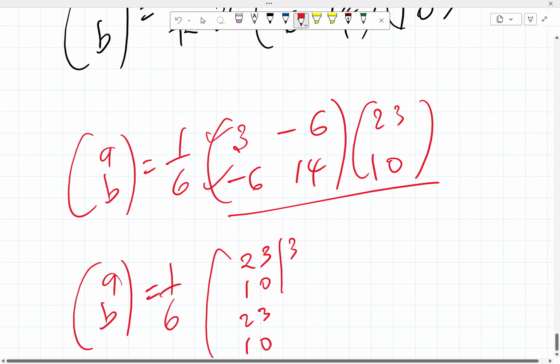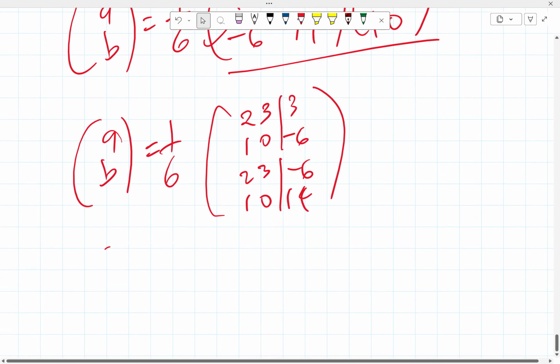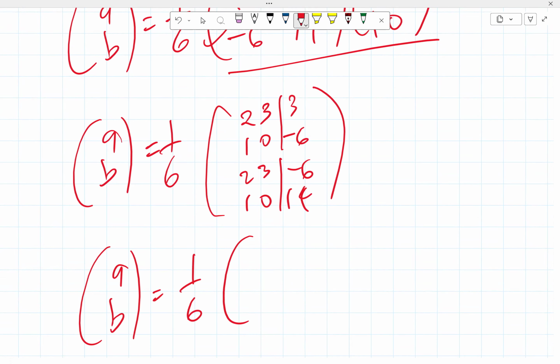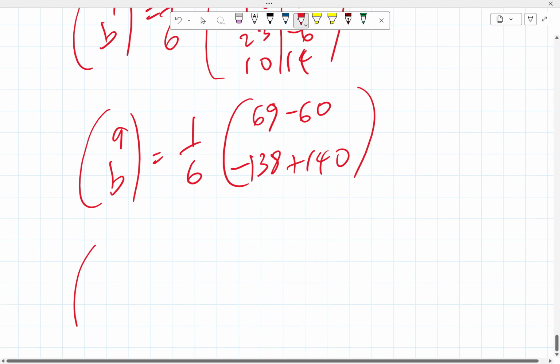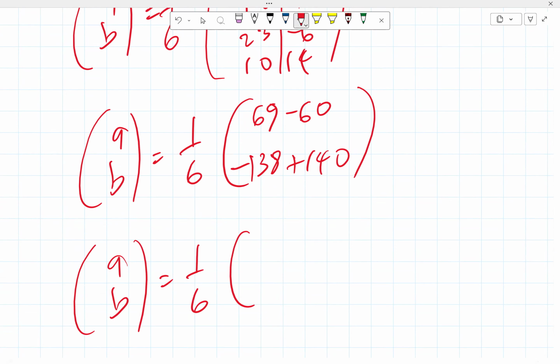Then this is 3, minus 6, minus 6, 14, like this, so that A, B now is equal to 1 over 6 into 23 times 3, that's 69, minus 60, then 23 minus 6, that's minus 6 times 3, 18, carry 1, 6 times 2, 12, that's 138, I believe, plus 140. Okay, so that A, B now can be 1 over 6 into 69 minus 60, that's 9, minus 138 plus 140, that's 2, I believe.